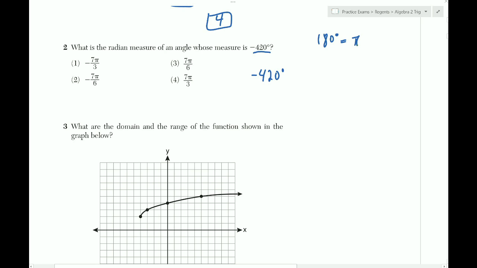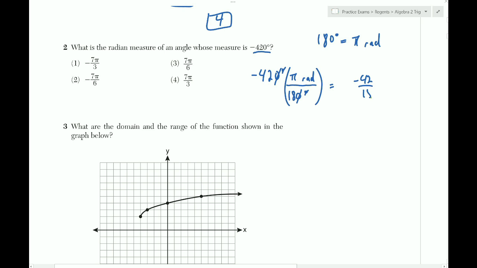And as we use all conversion factors, we're going to use it as a fraction with the units that we want in the numerator. So that's going to be pi radians. And 180 degrees goes to the denominator, so that the degrees will cancel. So the degree symbol cancels out. We can also cancel out a 0 here. So we get negative 42 over 18 pi, and the unit is radians.